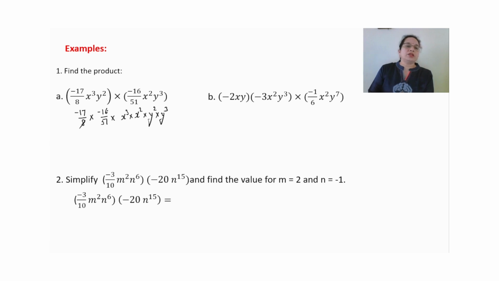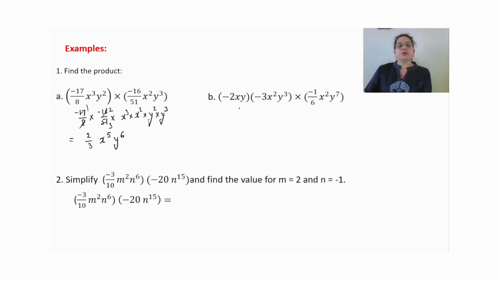So 8 2s are 16, 17 1s are 17, 17 3s are 51. So this will become 2 upon 3. Total number of negative signs is 2, so the answer will be positive. X raised to the power 3 plus 2 will give you 5. Y raised to the power 2 plus 3 will give you 6.